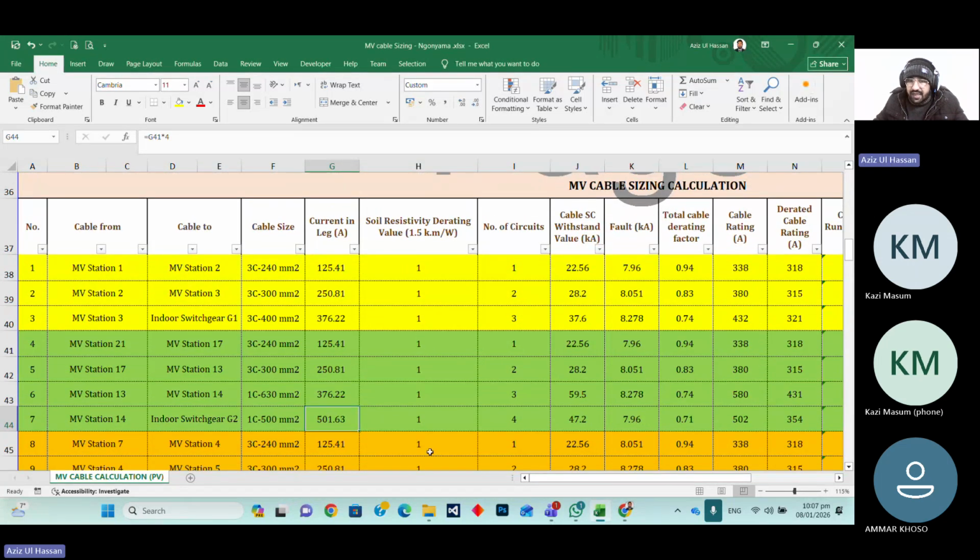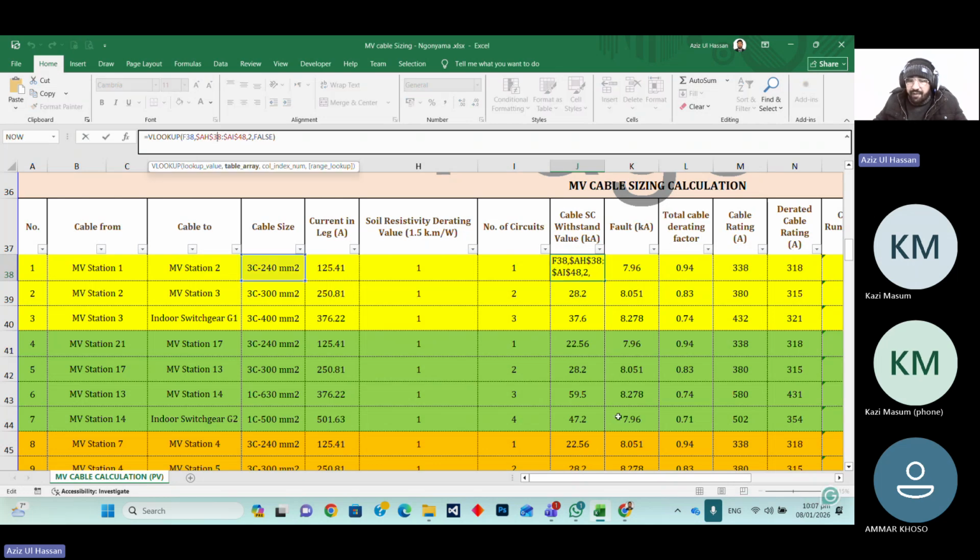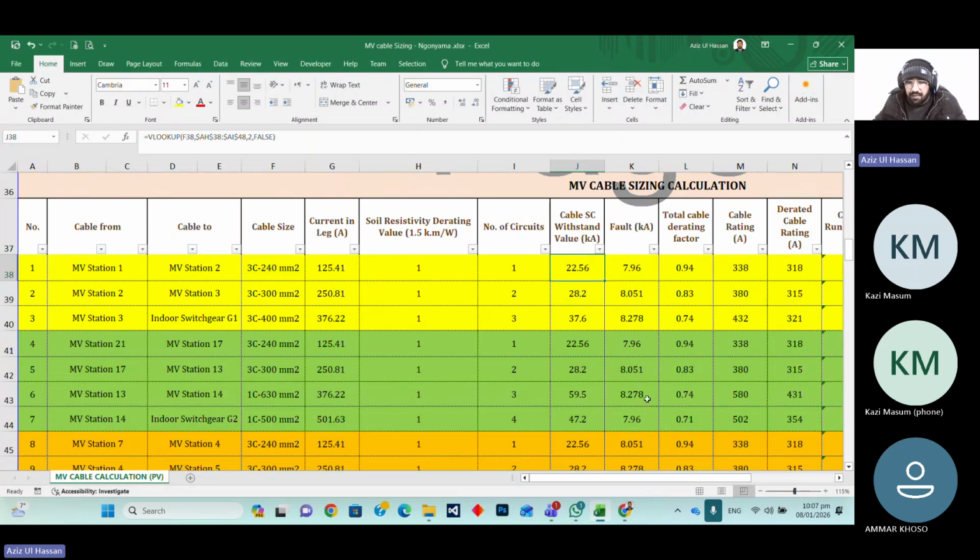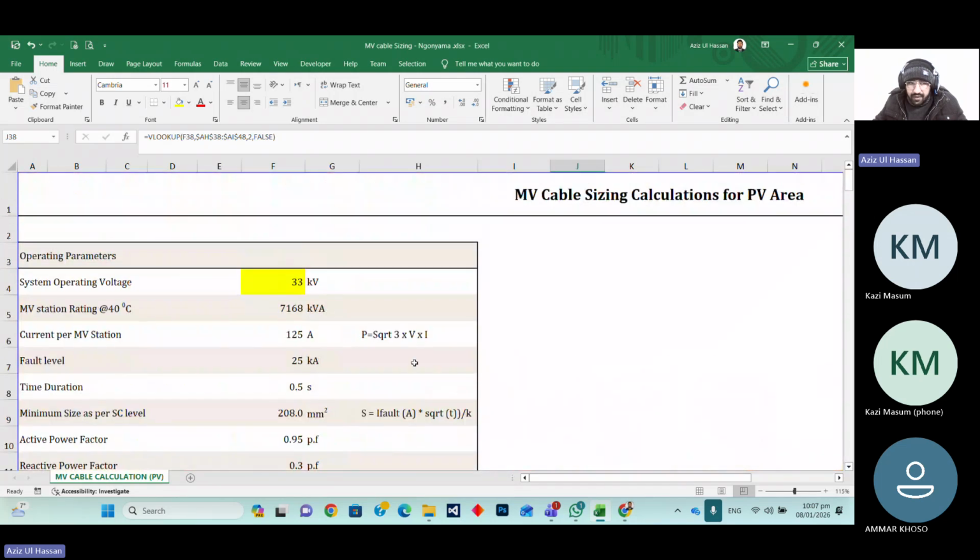Now again, this is the soil thermal resistivity factor, and this is the circuit diagram. Here I have just dropped this one because I have just multiplied that current with the withstand value. So MV cable has some criteria.